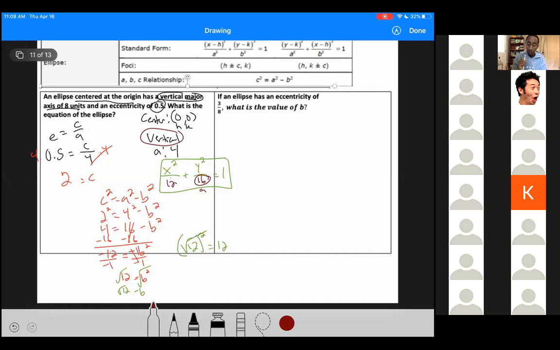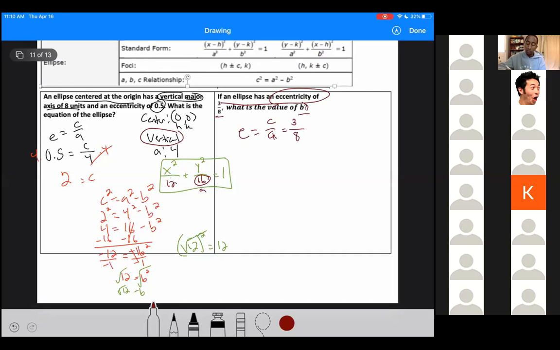All right, just make sure you understand eccentricity. This is not writing the equation. This is just finding B. So let's say it says an ellipse has an eccentricity of 3 over 8, what's the value of B? As a reminder, eccentricity is C over A. So you could just say C is 3, A is 8.